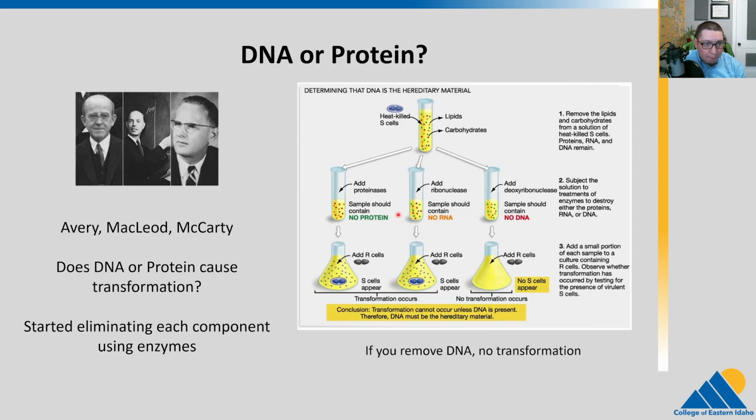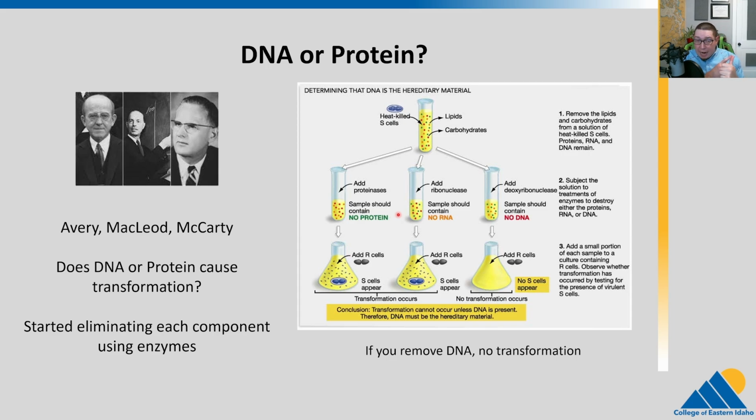We're going to jump ahead to a group, Avery, MacLeod, and McCarty, who are fascinated by this transformation principle. They're doing this many years later, and they're going, okay, what could be the molecule that's causing this transformation to occur? So they looked in the nucleus, and in the nucleus, there are three types of molecules.